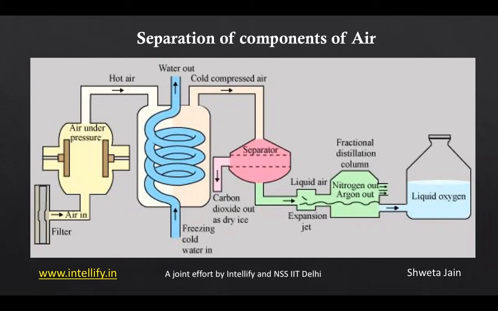Then this cold compressed air is passed through a separator. Here the carbon dioxide separates out as dry ice. Then the liquid air is passed through an expansion jet into a fractional distillation column. In the fractional distillation column, nitrogen and argon separate out and other gases also separate out, and at the end we get liquid oxygen.